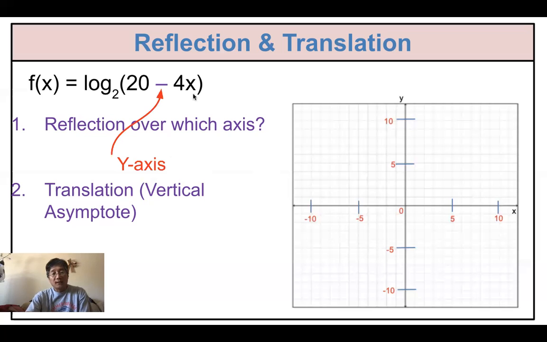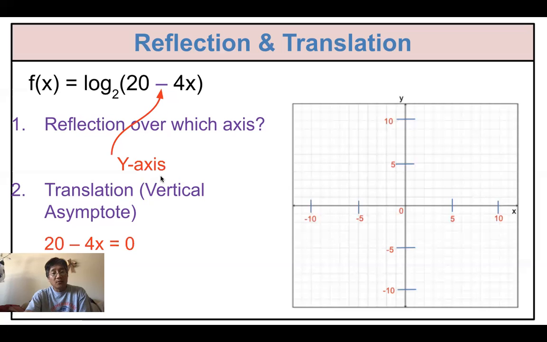So reflection over the y-axis, we know from the negative in front of x. And then the vertical asymptote: how do you find it? You translate the vertical asymptote, the same as you translate all other points, by the same translation rule.